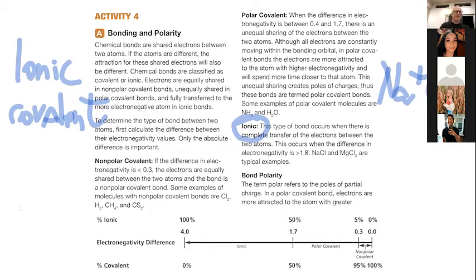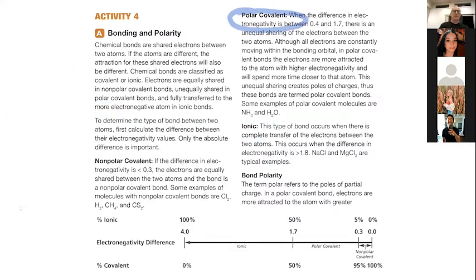So what's the difference between a polar covalent bond and a non-polar covalent bond? The nonpolar one shares the electrons equally, and the polar one, like one atom pulls more on the other.